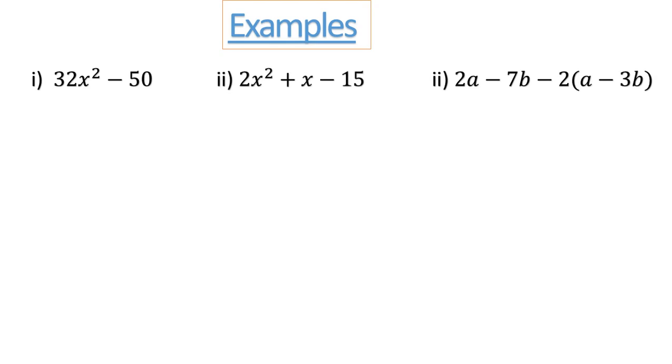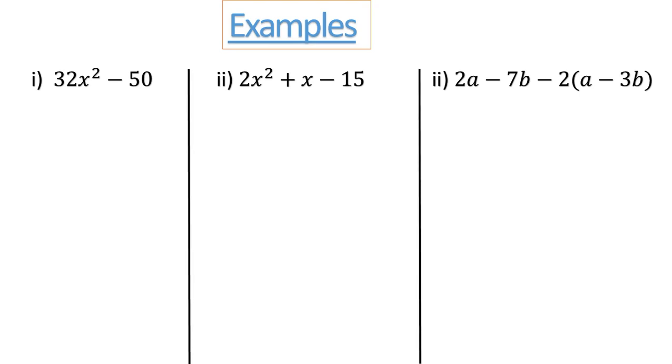So the first problem, let me just demarcate this. If you look at the first problem, factorize 32x squared minus 50. How many terms here? Good, there are only 2 terms.